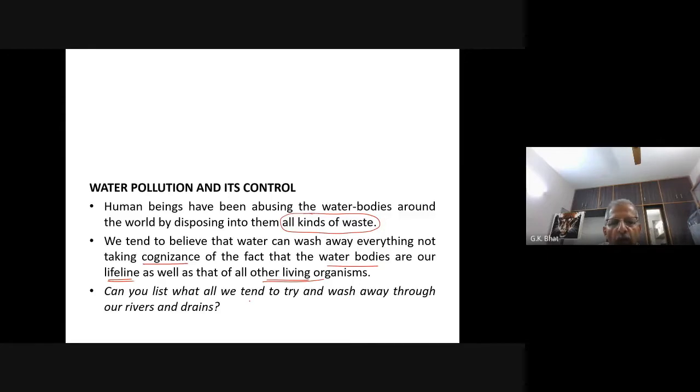Can you list out what all we tend to try and wash away through our rivers and drains? My dear students, if I say, you may laugh at me. When we were small children, near my house there is a river, even now.